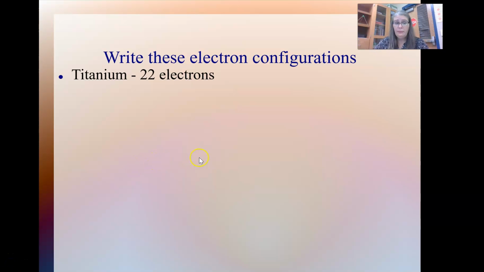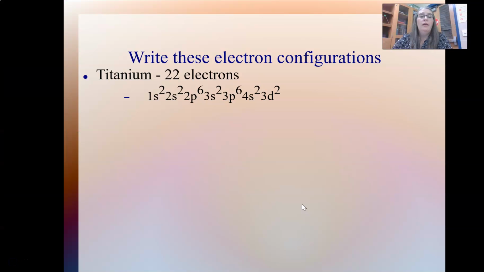So titanium, of course, will start with the 1s. We'll fill that with its 2 electrons. So we'll have 1s2, then we'll go to 2s and fill, 2s2, then we'll fill the 2p's, 2p6. Then we'll go to element number 11 and 12. So that's in the s block, 3s2, 3p6. That's at argon.